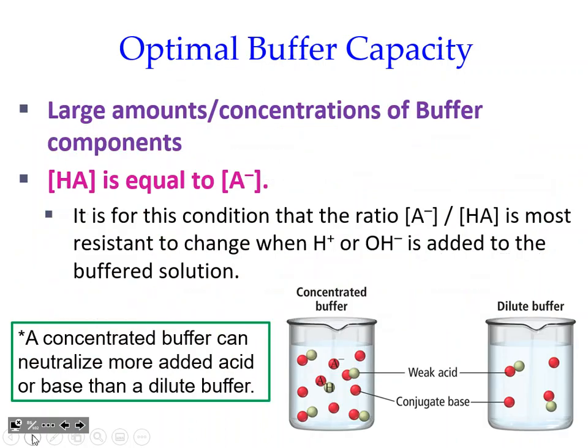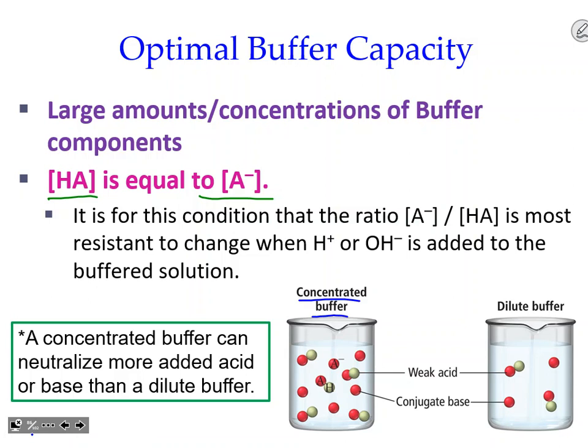All right, so what is optimal in terms of our buffer capacity? Large amounts and concentrations of buffer components, and you really want that ratio to be equal. An equal amount of acid, equal amount of base. Large concentrations, equal ratio. 1-to-1, acid to base here. As you can see in the picture, the concentrated buffer has more buffering components.